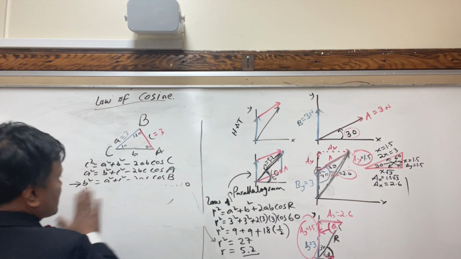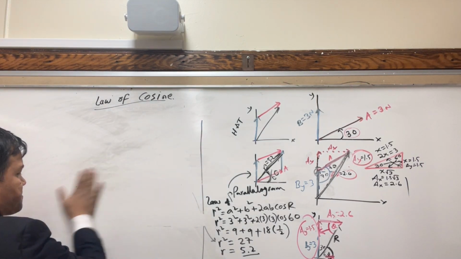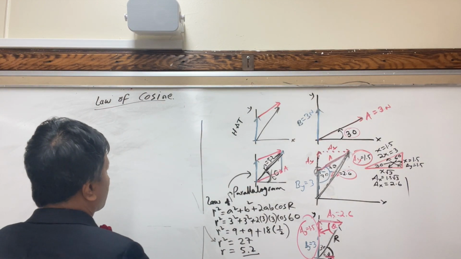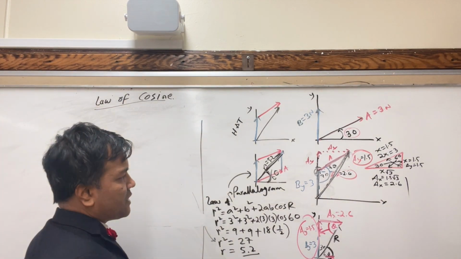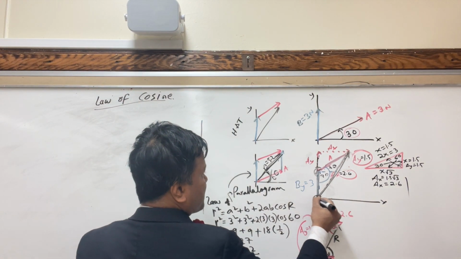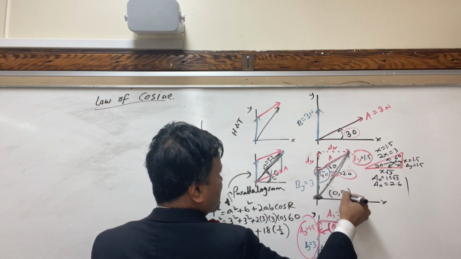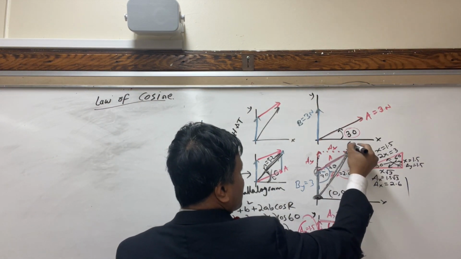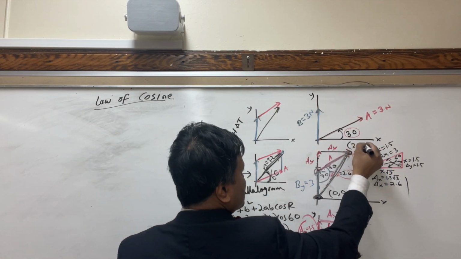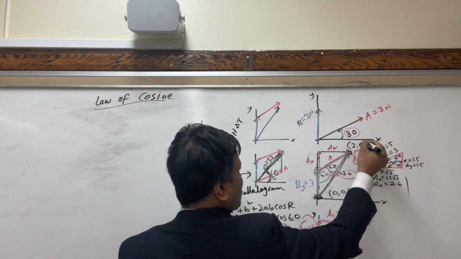We're going to use the distance formula now. The distance formula only uses two points. The point over here is 0, 0, and the point over here is of course 2.6, 4.5.